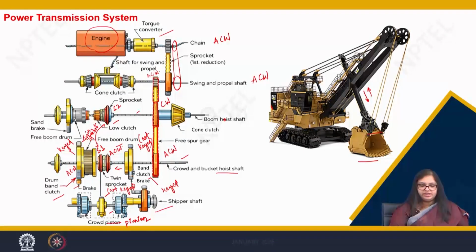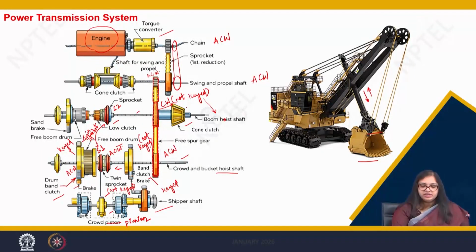So, what is being done is that this band clutch is disengaged and this cone clutch on the boom hoist shaft is engaged. Now the gear on this boom hoist shaft is rotating in clockwise direction, but this gear is also not keyed to the boom hoist shaft.